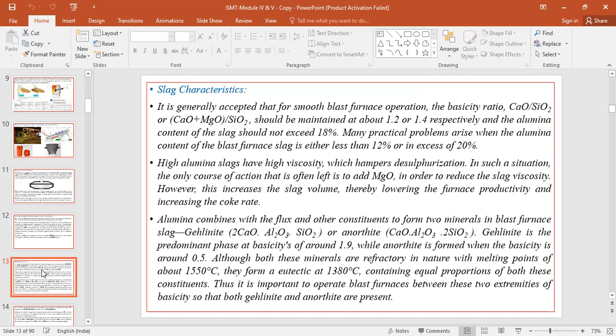Coming to the slag, along with the hot metal we are also tapping the slag from the blast furnace. In the runner part of the blast furnace, it gets diverted, and the slag, as its density is less, floats on the surface of the liquid metal, and this diverted slag gets collected into the slag pot.